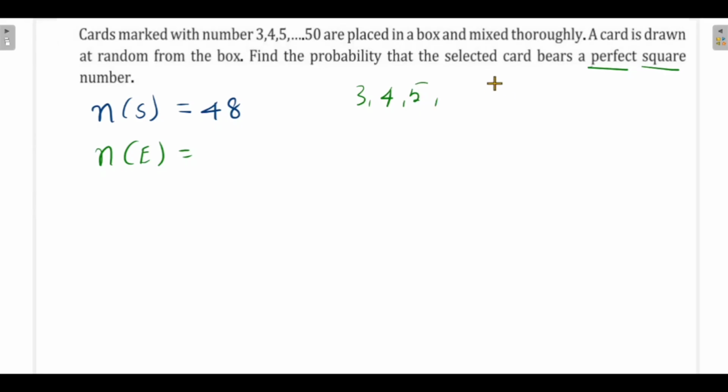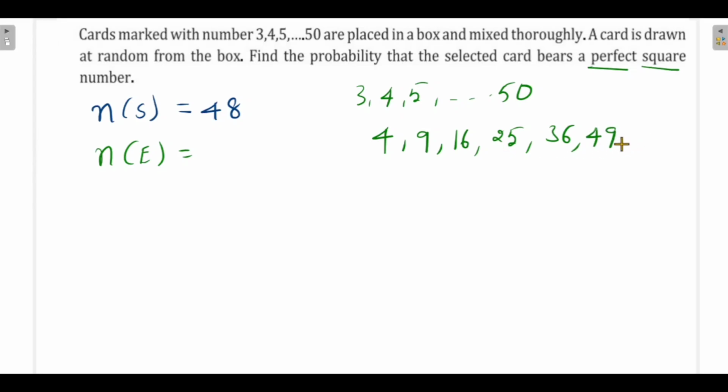It is very easy. 3 is not a perfect square number. 4 is a perfect square number. After 4, 9 comes. After 9, 16 is a perfect square number. 25 is a perfect square number. 36 is a perfect square number. 49 is a perfect square number.